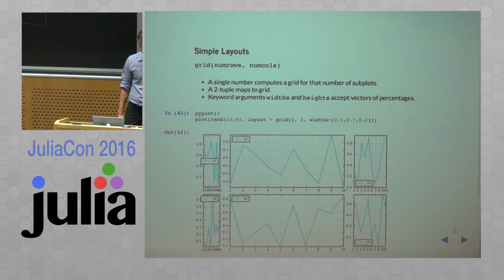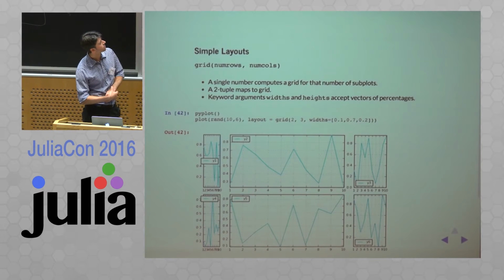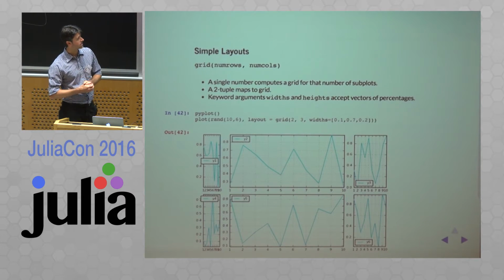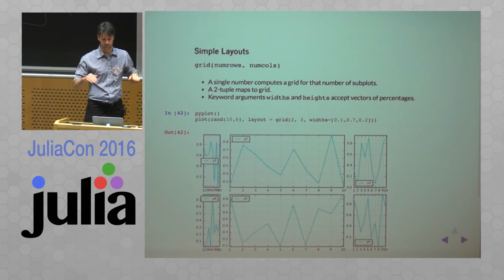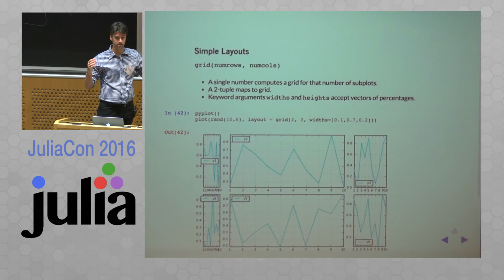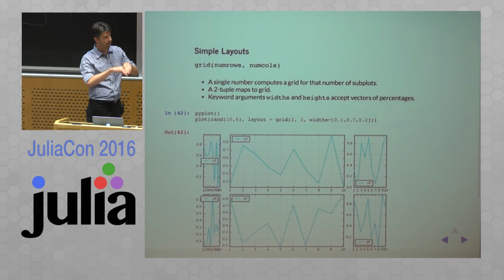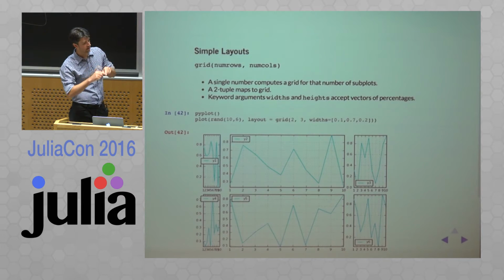One thing to take note of is that the layout percentages are based on the plot area, not on the surrounding subplot. I don't have a good slide for this, but my terminology is: you've got the full plot. A subplot includes the title of the subplot and the guides and the ticks. The plot area has the border and the grid inside of it and the actual data.